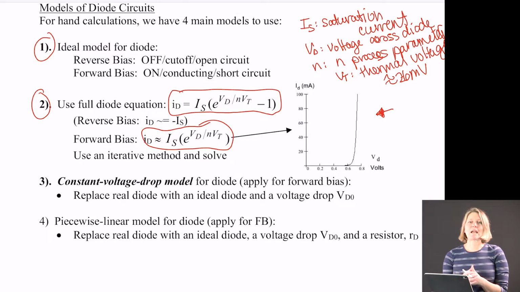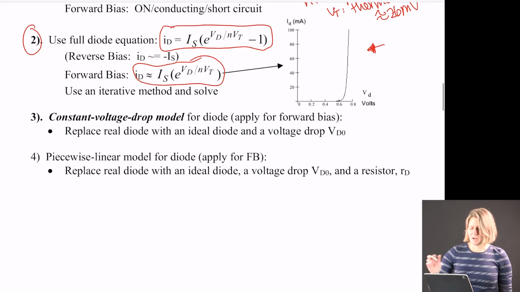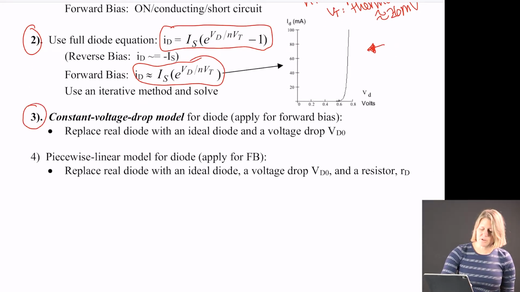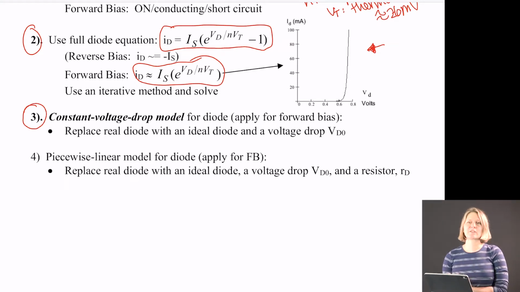We don't want to do that by hand typically, so we're going to approximate this by a different model, and the one that's the easiest to analyze by hand is this constant voltage drop model. When it's on, instead of replacing it with a wire, we're going to replace it with just a voltage drop V_DO. When it's off, we will still open it up.